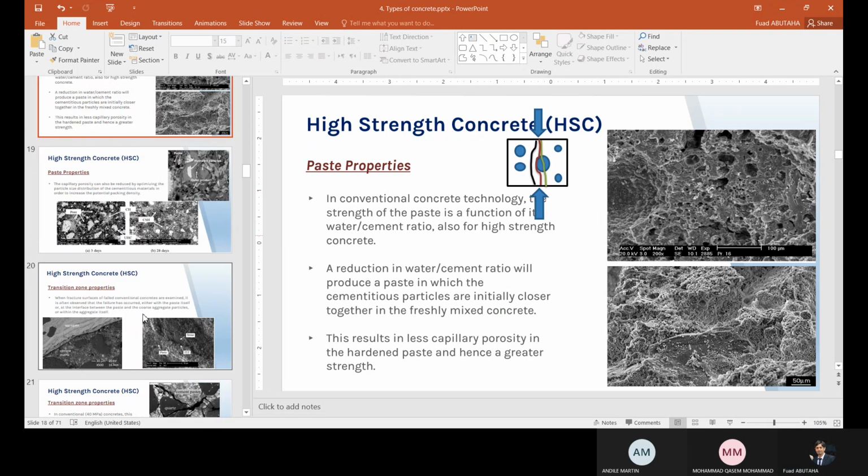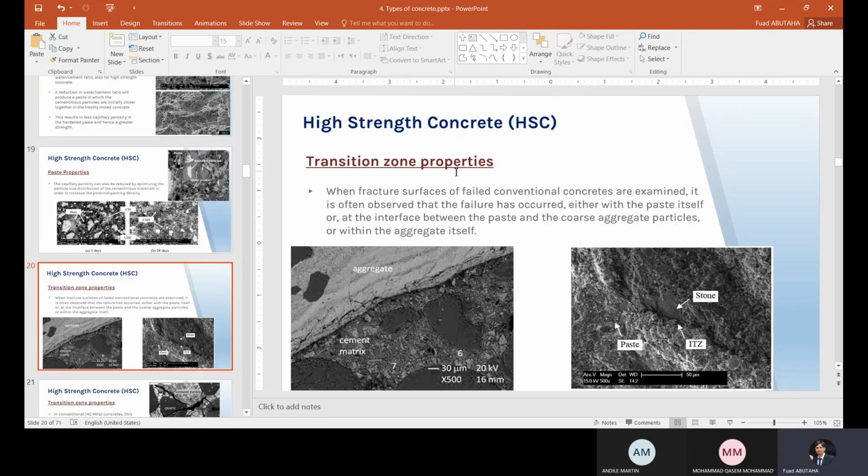So the transition zone properties: the transition zone is the bond between the aggregate and the cement matrix or the cement paste. The bond here, how they are bonded together, do they have a good glue? Are they well glued together, do they have a good bond or not? So the bond between the aggregate and the cement paste affects the general strength of concrete.